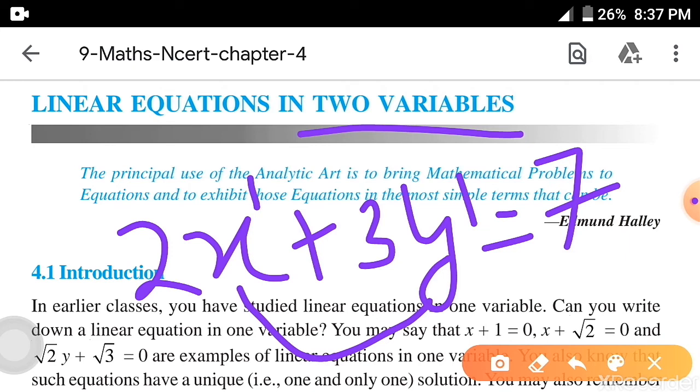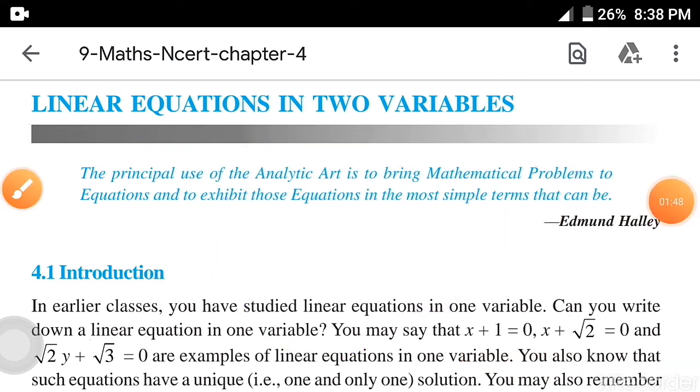So this is a linear equation in two variables because there are two variables x and y, and it's linear means the power is 1, and it's an equation also, equation means with an equal to sign. So it is called a linear equation in two variables.